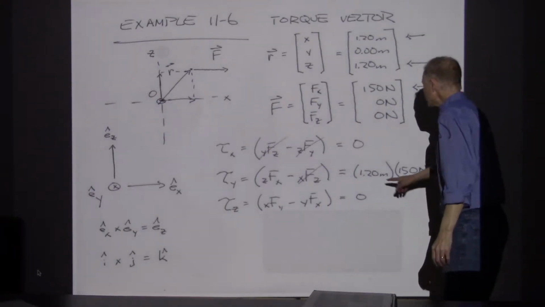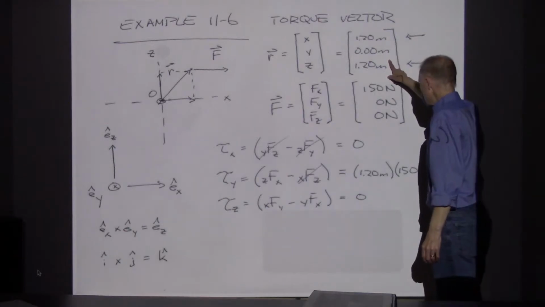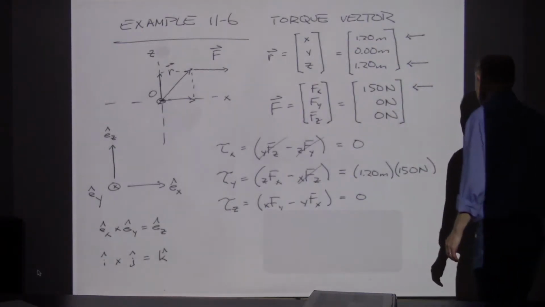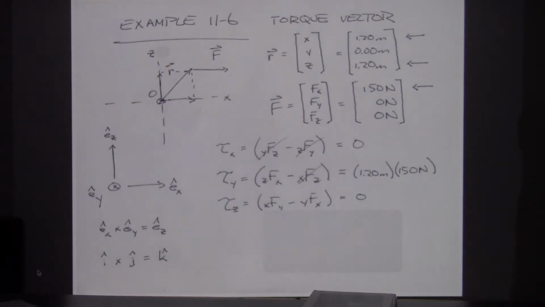So it's going to be that 1.20 meters of z times the 150 newtons of force, and that's what, 180, something like that, 180 newton meters of torque.